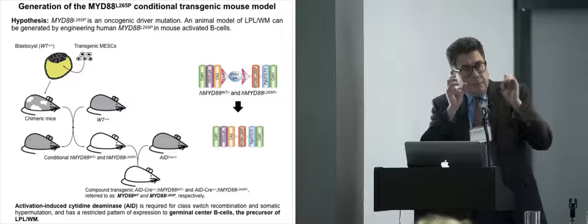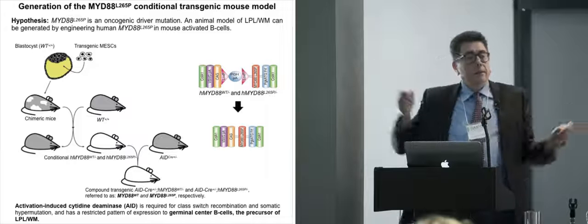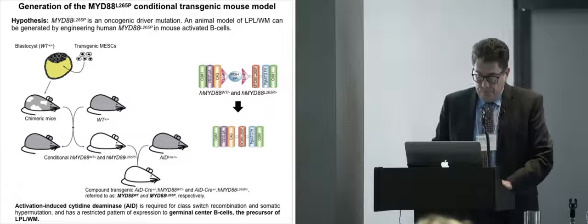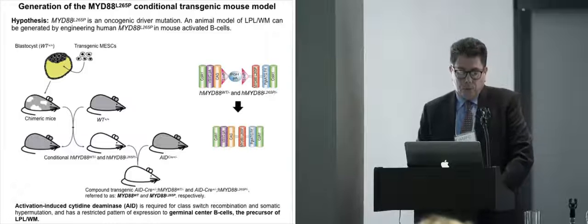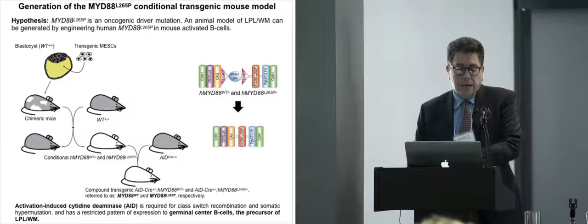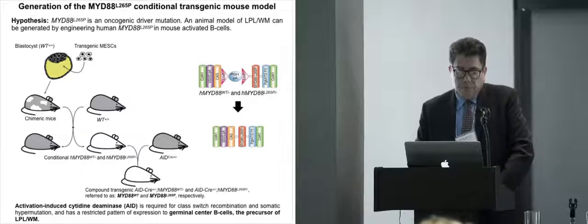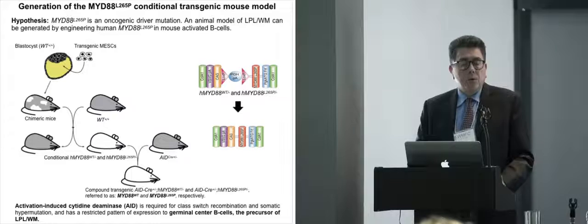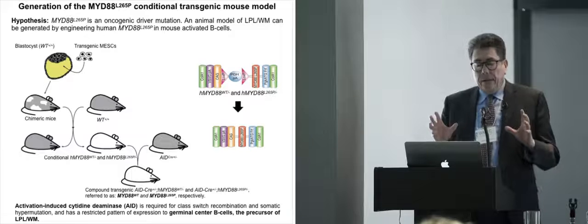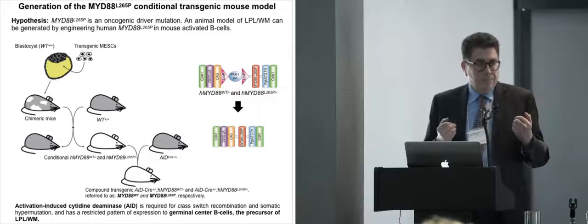The blastocyst is a little embryo that is going to originate the entire mouse later on. And then we take those blastocysts that carry the mutation and we inject them in pseudo-pregnant females. And those pseudo-pregnant females are going to give rise to a progeny that contains this mutation.